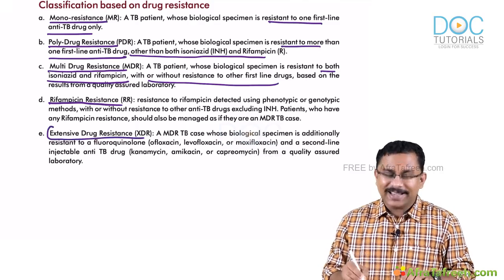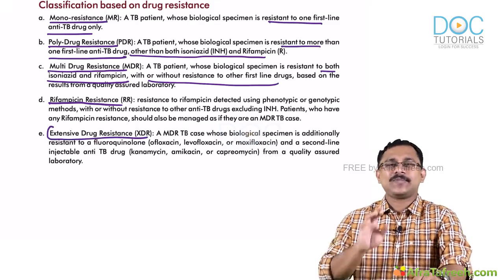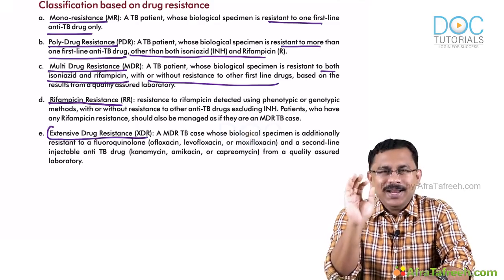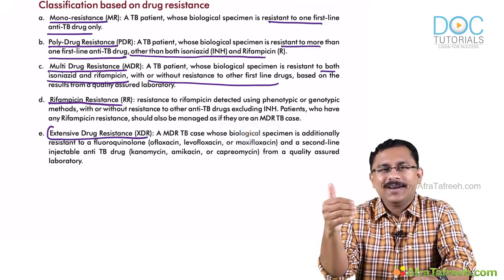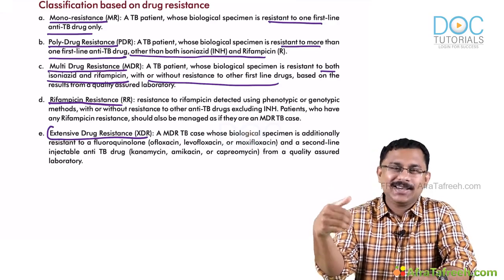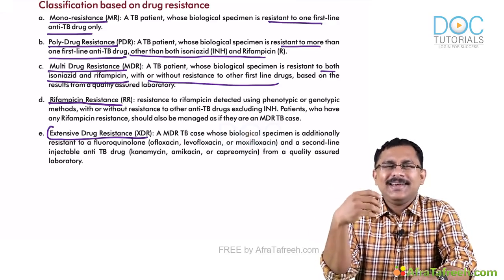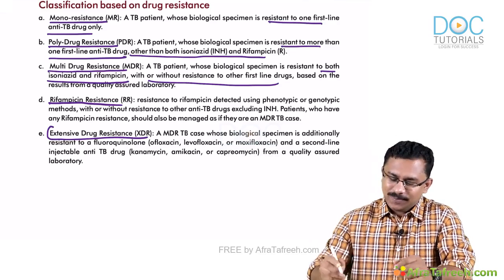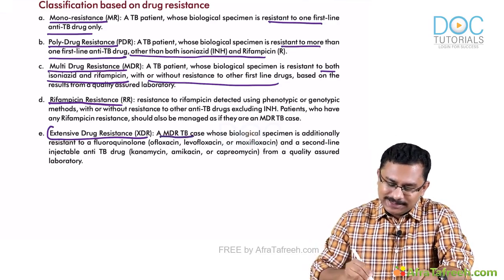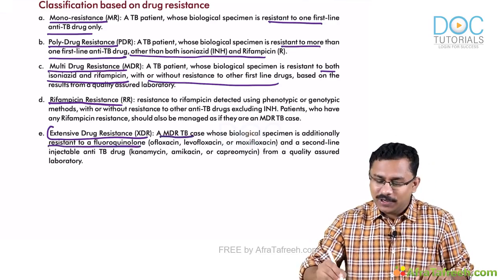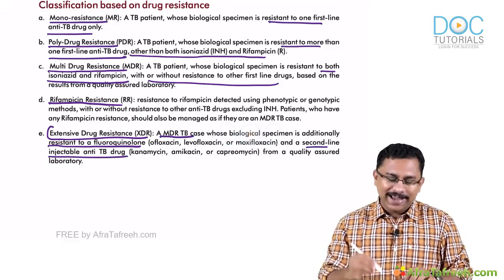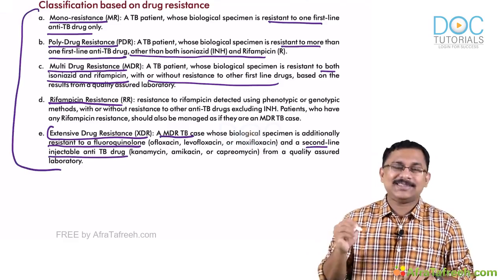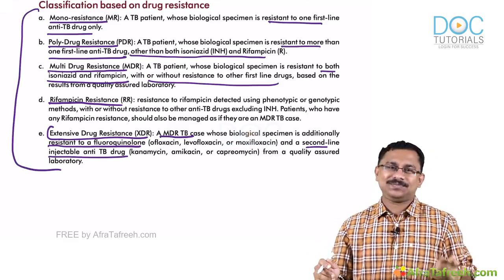Extensive drug resistance is nothing but an MDR TB case with an additional resistance to a fluoroquinolone as well as a second-line injectable like kanamycin, amikacin, capreomycin. So an MDR TB case additionally resistant to a fluoroquinolone and a second-line injectable, that is what you call extensive drug resistance. So these terminologies should be clear.